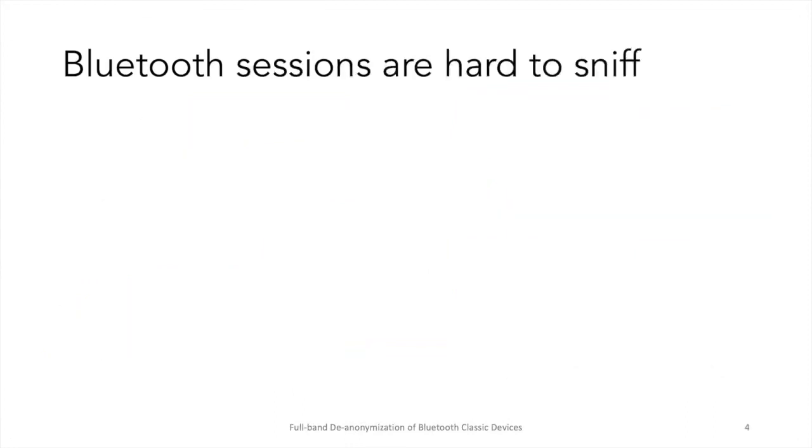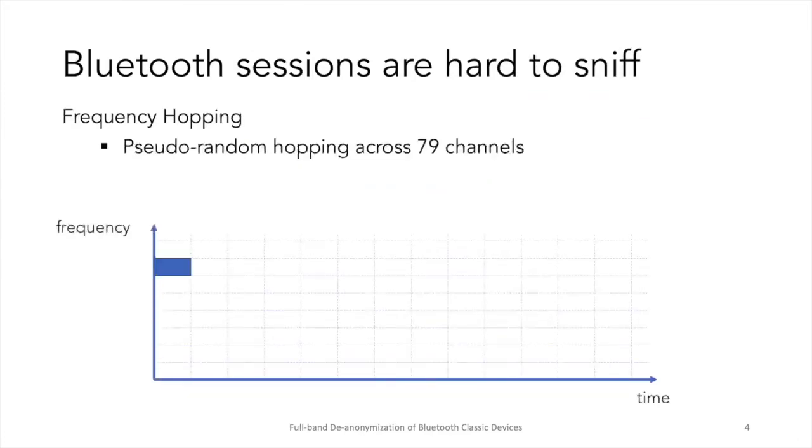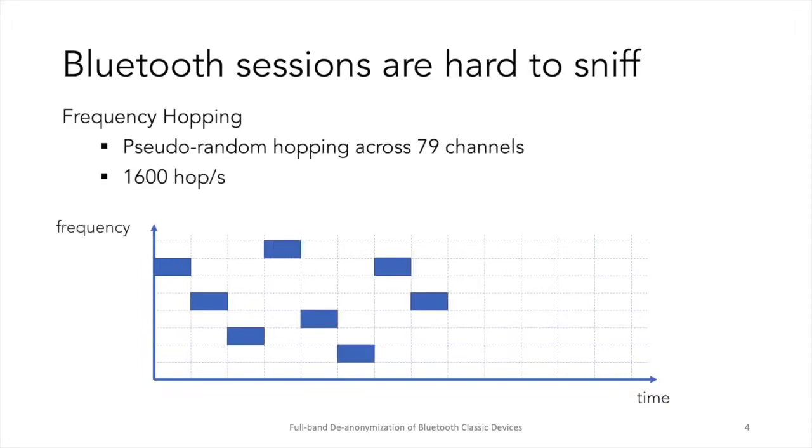One of the distinctive features of Bluetooth is the frequency hopping access scheme. Access to the medium is regulated both in time and frequency. In the frequency domain, there are 79 narrow-band channels, while the time axis is subdivided in slots of 625 microseconds. This method proved quite effective in the past against eavesdropping.